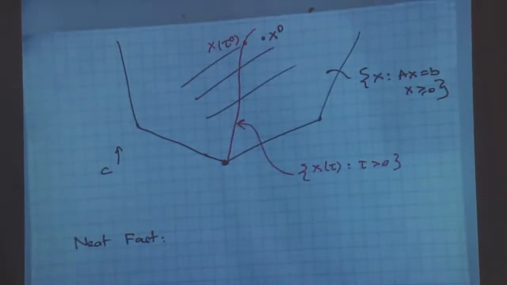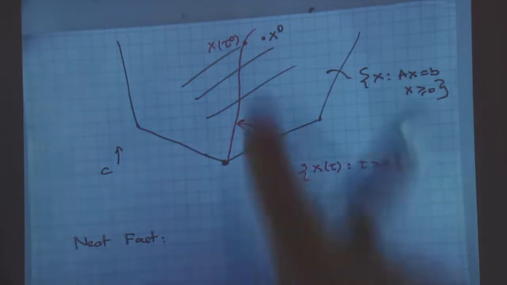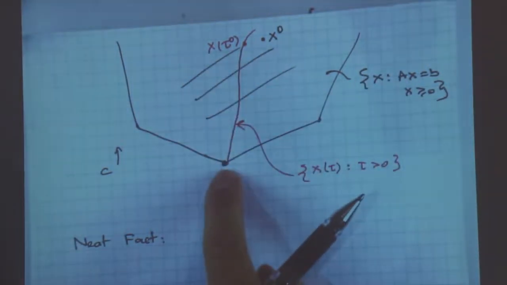Then we are going to decrease tau. It's the opposite of what Ryan was doing: instead of increasing t, we decrease tau. So we're going to make progress towards our optimal solution.